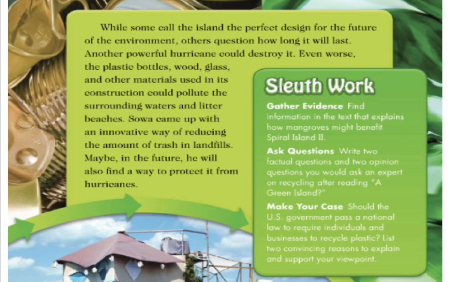So here the 2 sides are, yes, the U.S. government should pass a national law to require individuals and businesses to recycle plastic, or no, the U.S. government should not require individuals and businesses to recycle plastic. You're going to pick one of those stances, one of those arguments, and then of course you want to support your argument with convincing reasons and with evidence from the text that backs up those reasons.